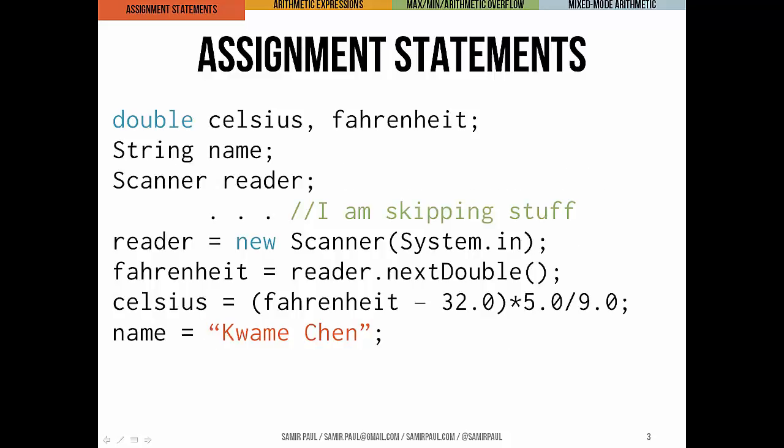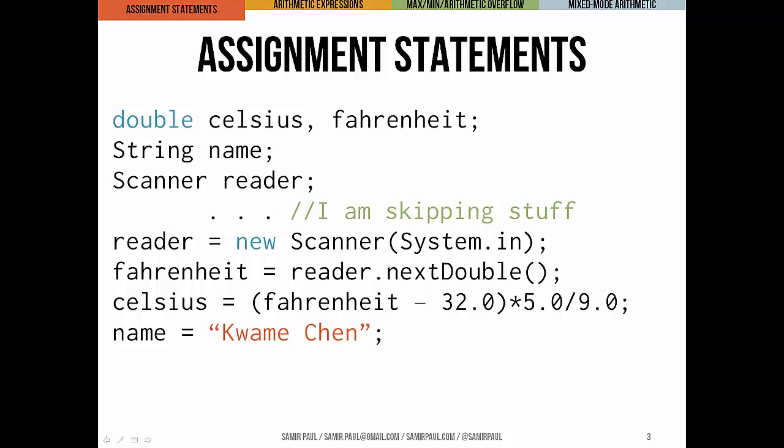Here, in this code snippet, we declare a couple of variables, two doubles, we declare a string, we declare a scanner, and then we skip a bunch of stuff, waving our hands, and now we're assigning objects and values to those variables. So we're instantiating a new scanner object and assigning it to the reader variable.